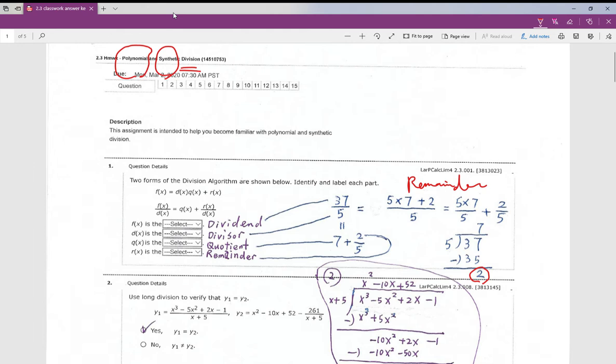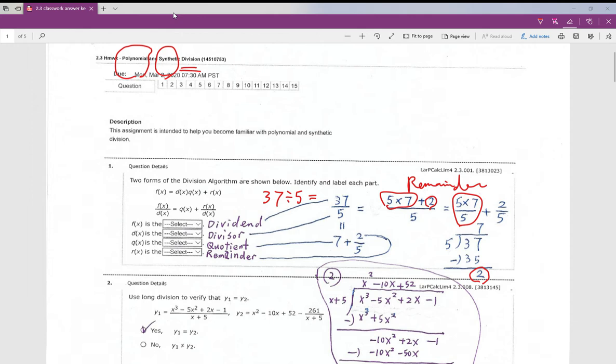So what's the remainder? For example, if you have 37 divided by 5, 37 is actually 35 plus 2. Now 35 divided by 5 can be evenly divided. But the remainder 2 cannot be divided by 5, so we just leave it there.